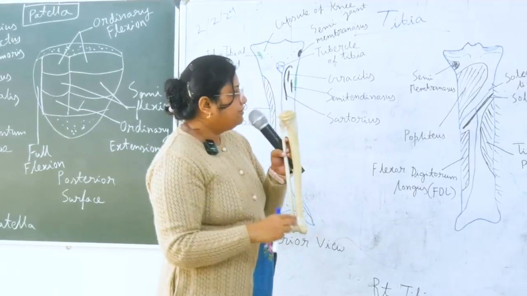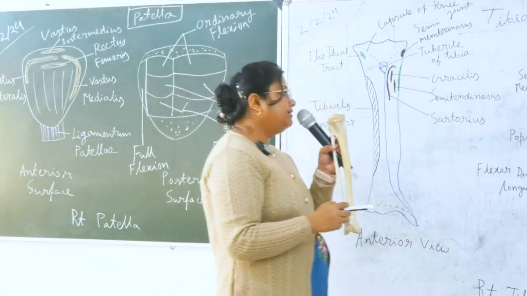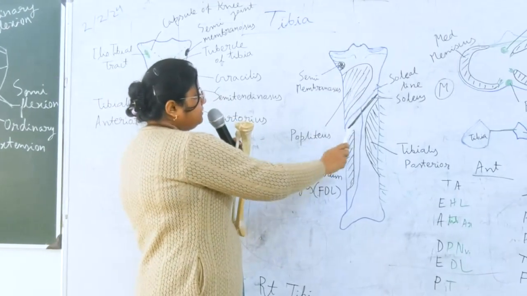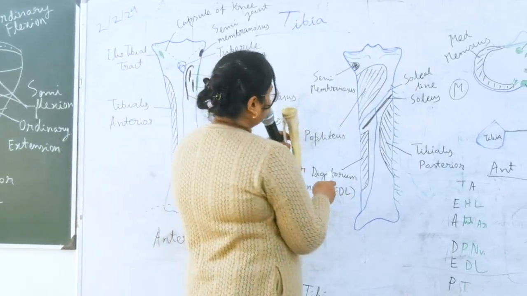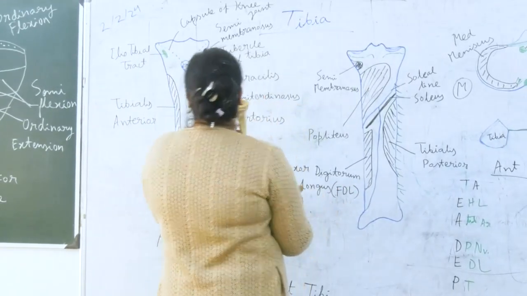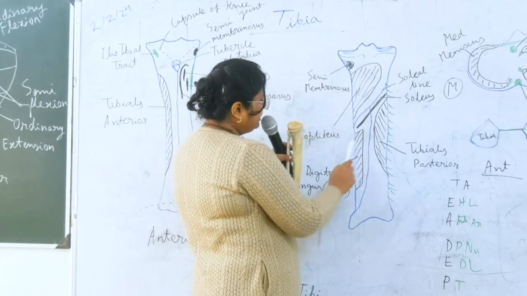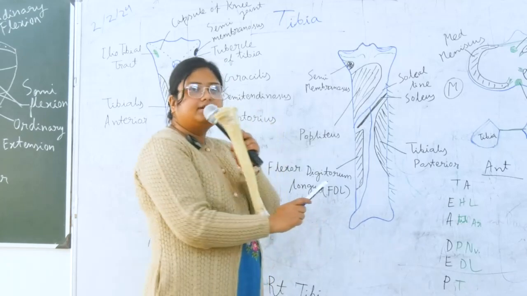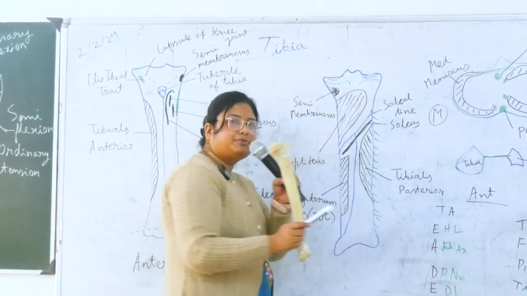Now, the lower larger area is divided by a vertical ridge into a medial and lateral part. Medially there is attachment of flexor digitorum longus, and laterally there is attachment of tibialis posterior.